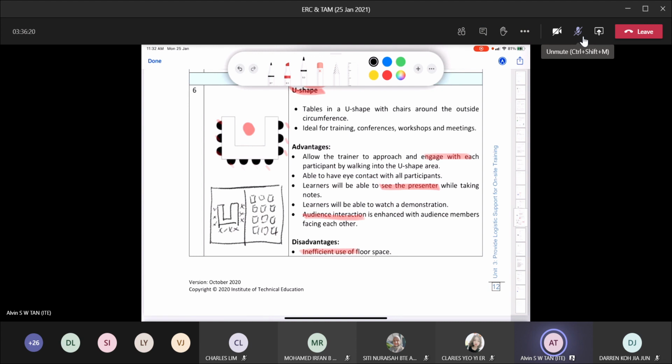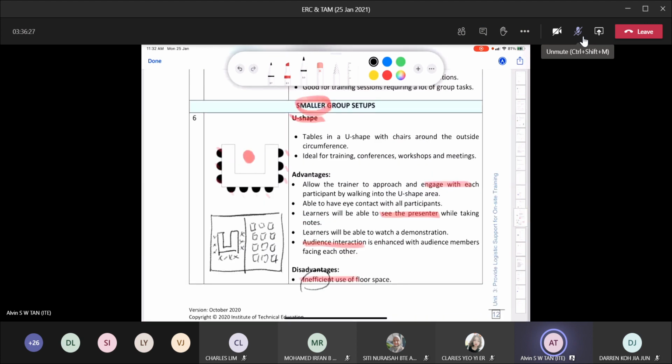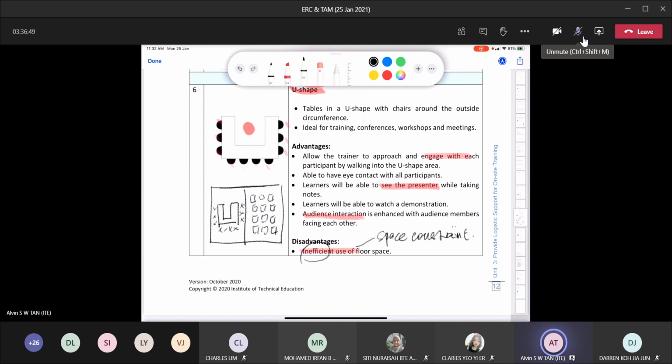So that's why it says that it is very inefficient. Here it is not saying that U shape is not good. It is just telling you that if you are constrained by space, if you need to fit 20 people in the same room, you cannot use this one. That's all it is saying.